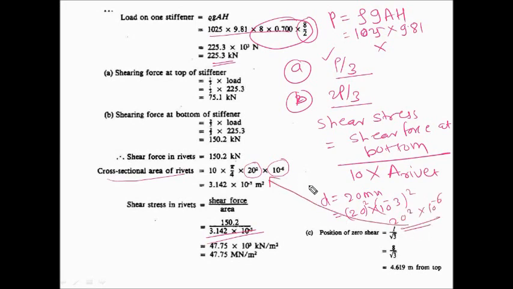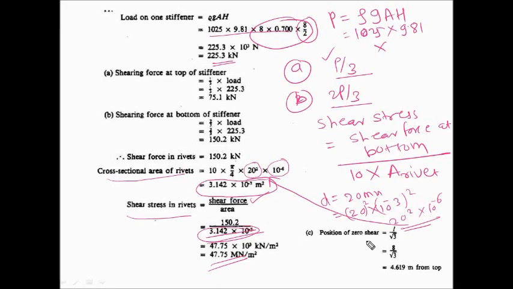That only they have taken here. So 10 into pi by 4 is the area of all 10 rivets. So the shear stress in the rivets we can calculate as the shear force divided by the total area of the rivets.